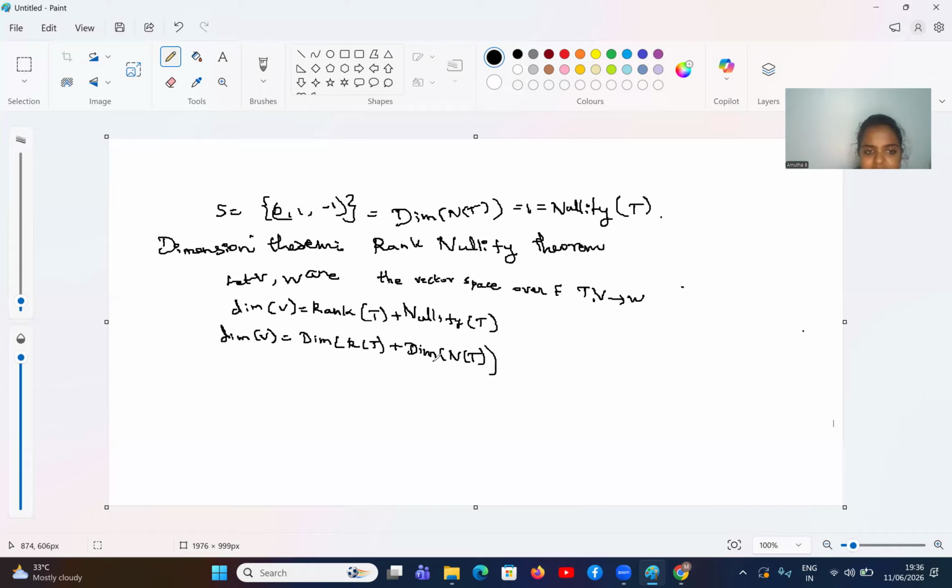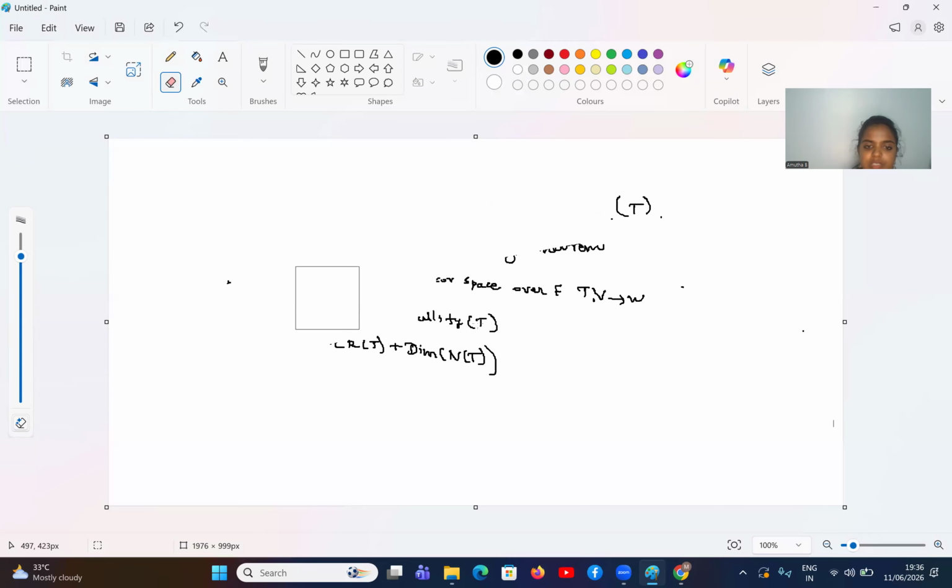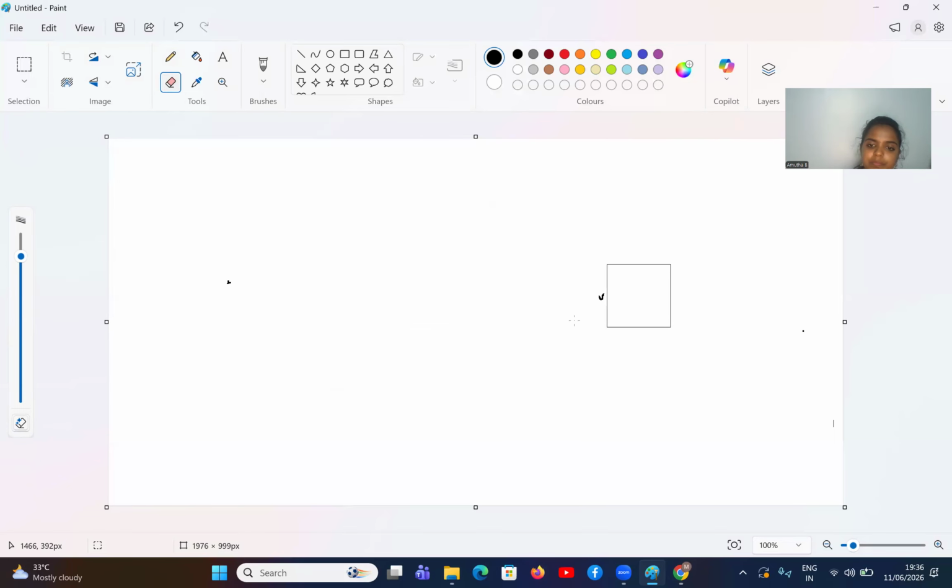Okay, can we verify this theorem with some other examples? So I'm just writing one example, that is T of x comma y equal to x plus y comma x.